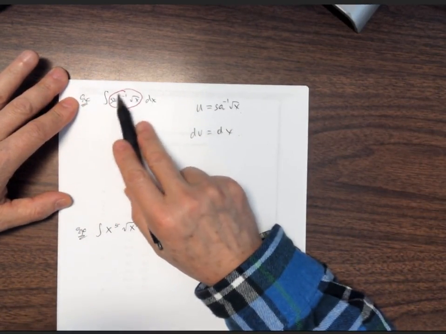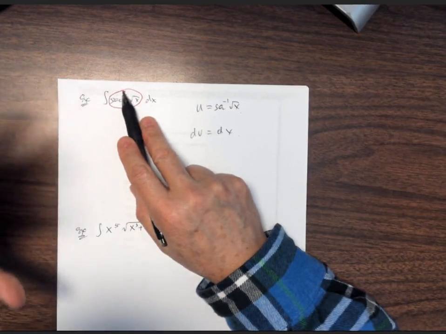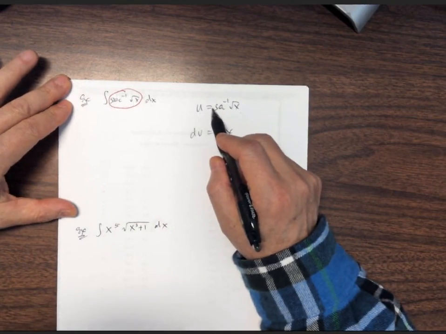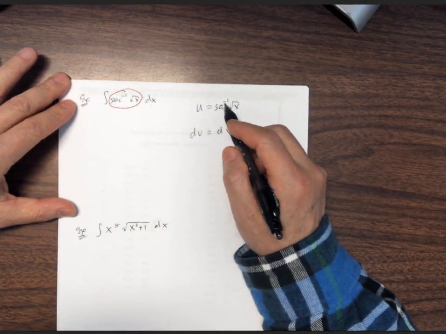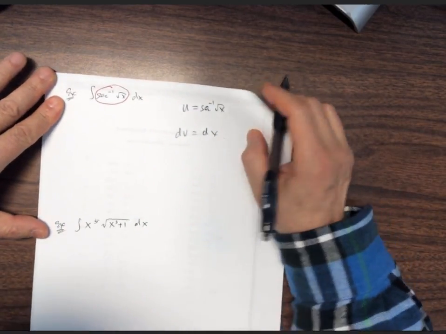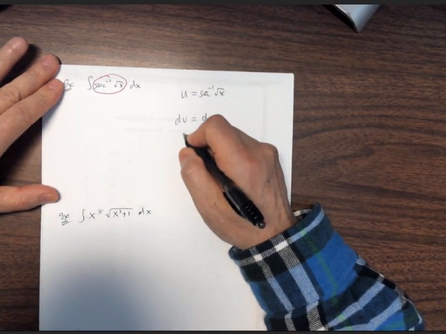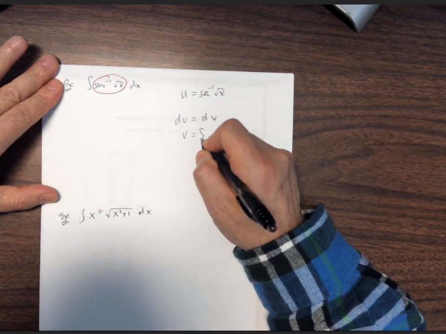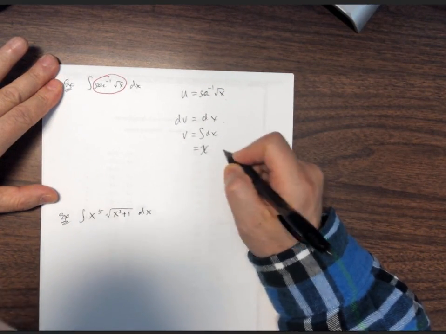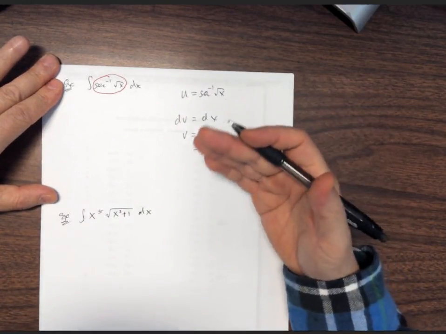In other problems, you may have a square of log, just one power. Again, you would assume your u to be the square of log and dv equal to dx. Here, if you integrate, dv is dx, v is x.